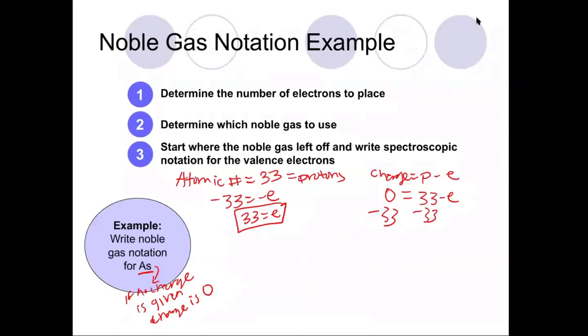So it would be argon, and we would put argon in brackets like so. Argon has 18 electrons.